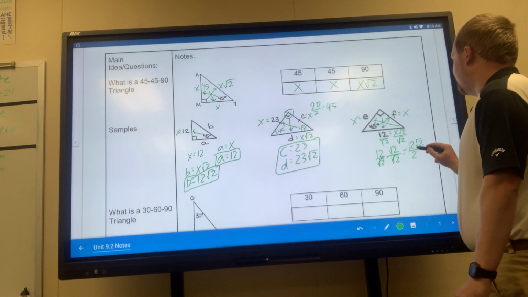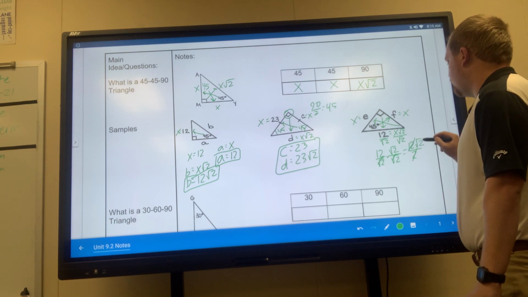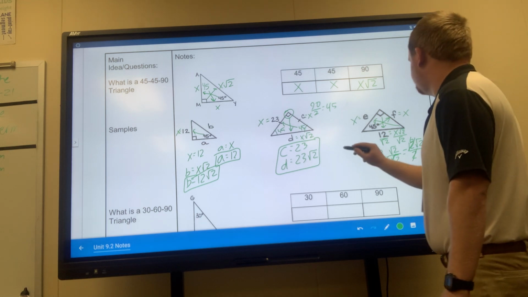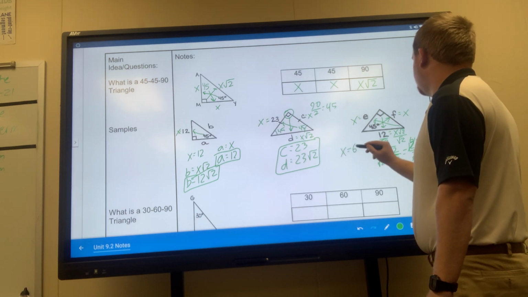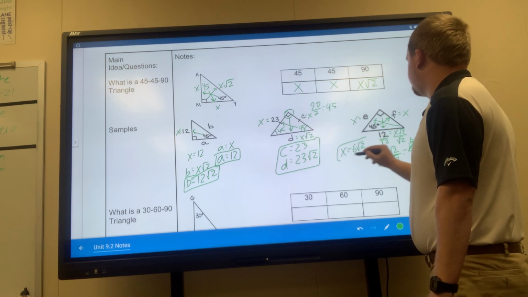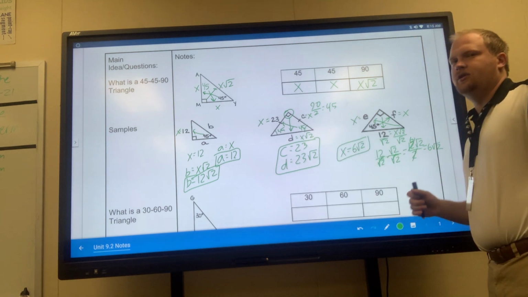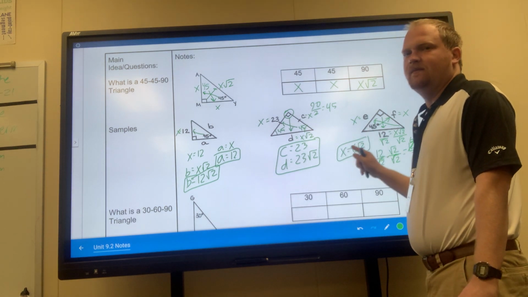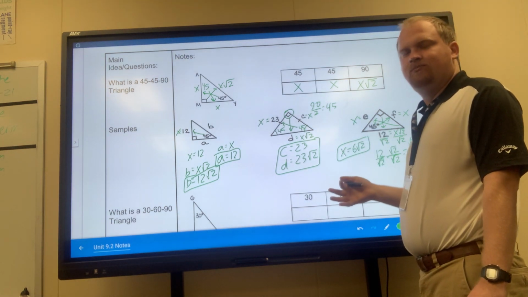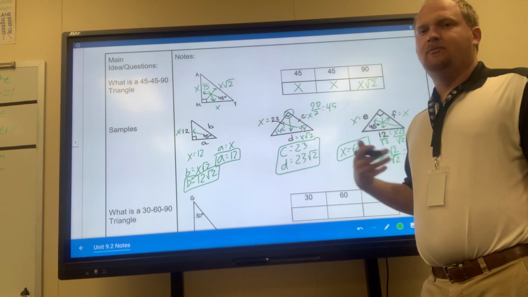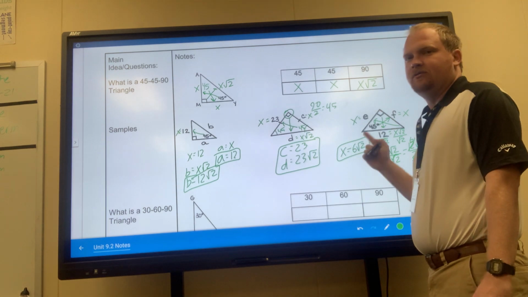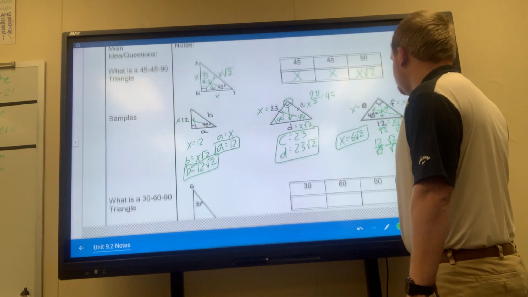But I can simplify this by taking 12 divided by 2 to give me 6. So that's 6 square root of 2, and x is equal to 6 square root of 2. It's important to set it up like this for prepping for Algebra 2 and pre-cal. It's very important to be able to do this, especially in Algebra 2.